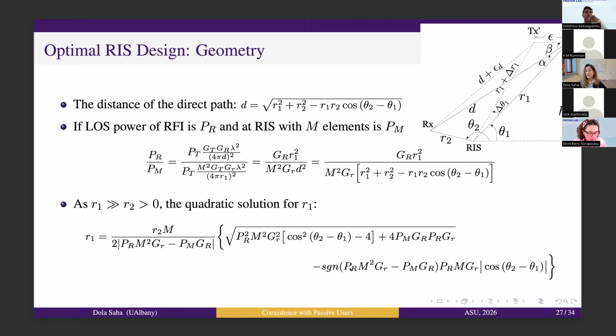To do that, we need to know some of these angles, and understand how to calculate these values.